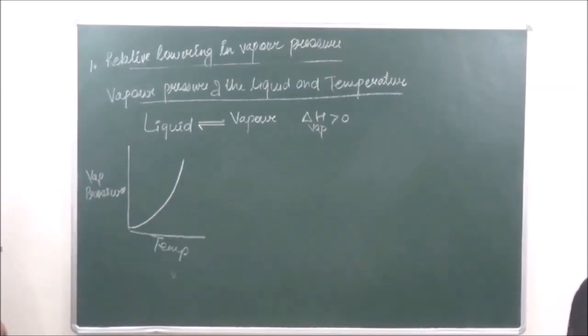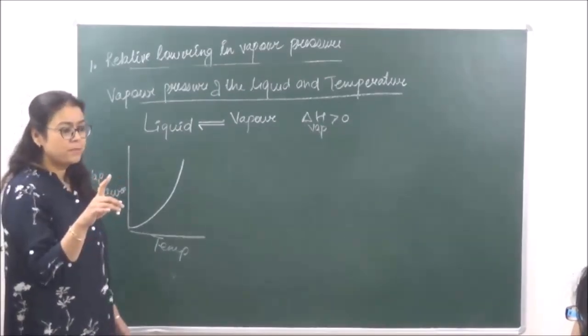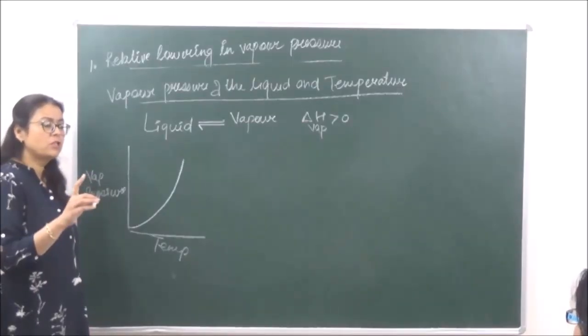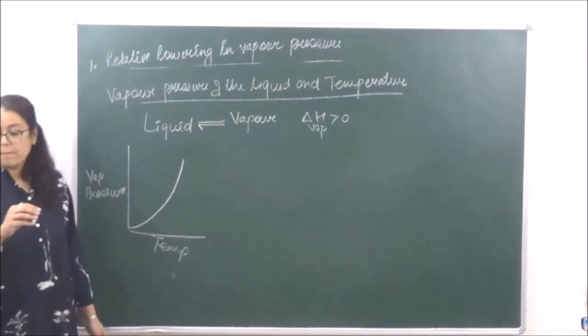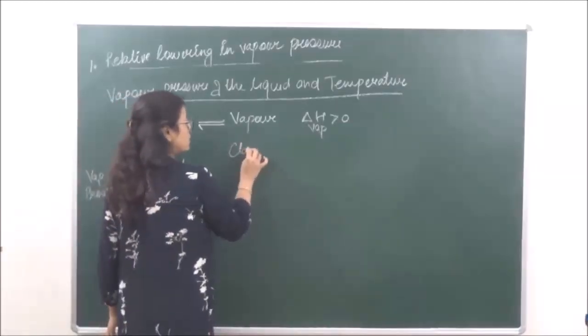As the temperature keeps increasing, the vapor pressure also keeps increasing. If we are comparing two different temperatures, and we know the pressure at one of the temperatures, the pressure at the second temperature can be calculated by an equation known as the Clausius-Clapeyron equation.